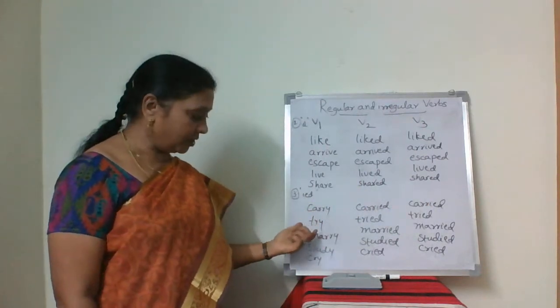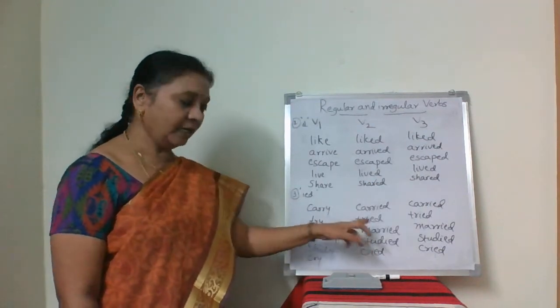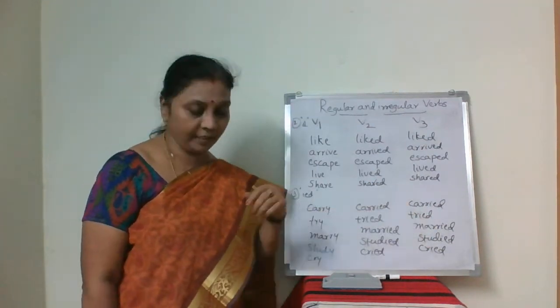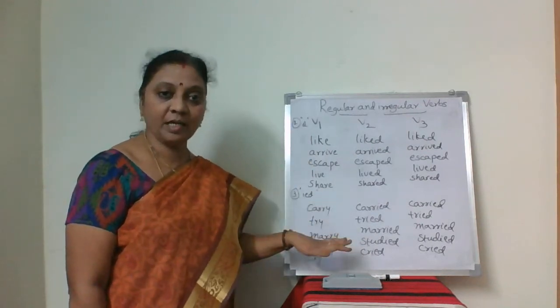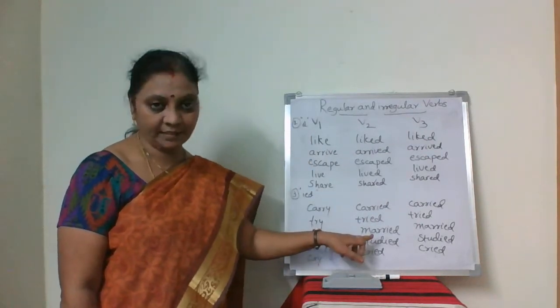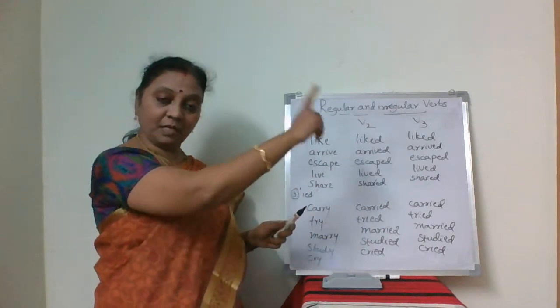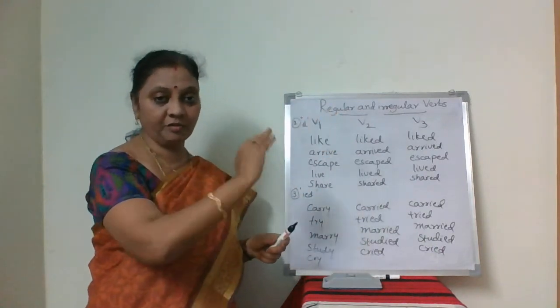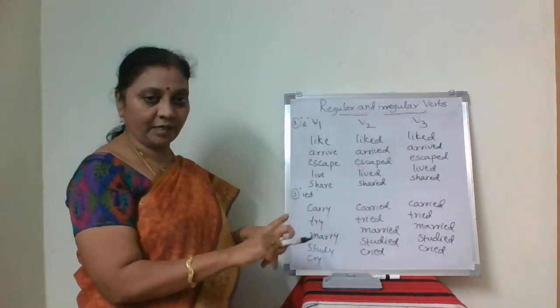Try, tried, tried. Marry, married, married. Study, ending with letter y. That y is dropped, in its place i is added, but ed at the end, it's a must. You follow the first example also, jump, jumped, jumped. Ed pattern is there, so it is a regular verb.